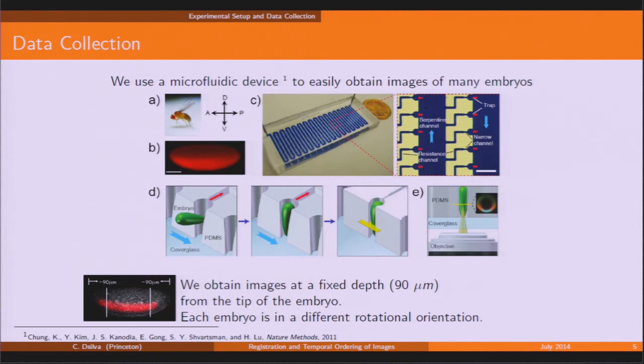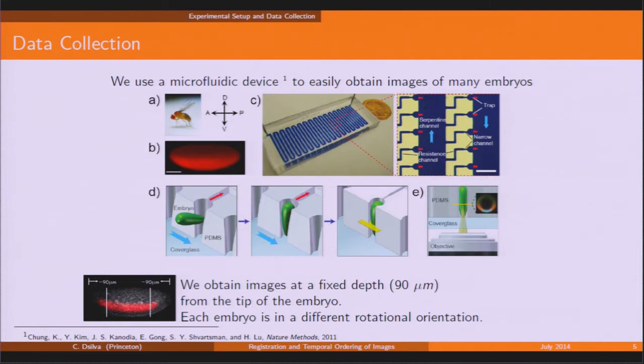Along the sides of these channels, there are little traps, and each trap is sized so that one embryo can fit per trap. The fluid flows in, and there's a pressure drop, and so it forces one embryo per trap. And once there's an embryo in the trap, it closes this little channel behind it, and so no more embryos can go in.